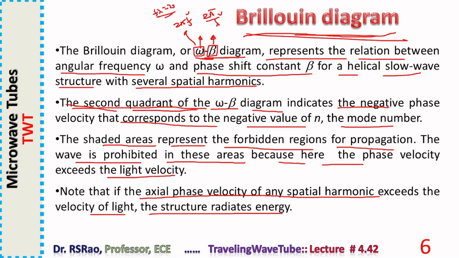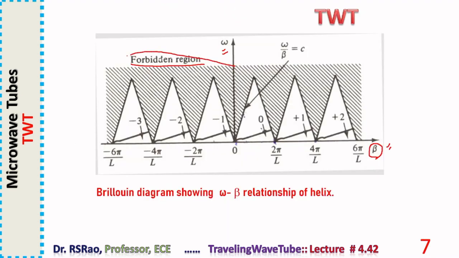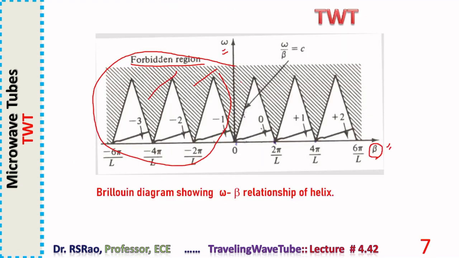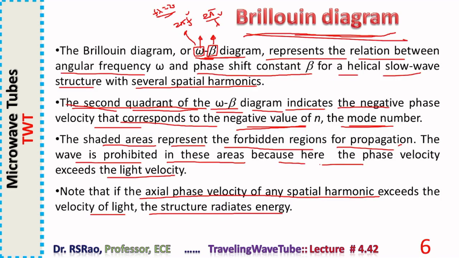The second quadrant of omega beta diagram indicates a negative phase velocity that corresponds to negative value of n, the mode number. Second quadrant means this: -1, -2, -3. These are mode numbers. The shaded areas represent forbidden regions for propagation. This is a shaded region. It represents forbidden region. Why is it forbidden? These regions represent phase velocities exceeding light velocity. That's why these are forbidden.